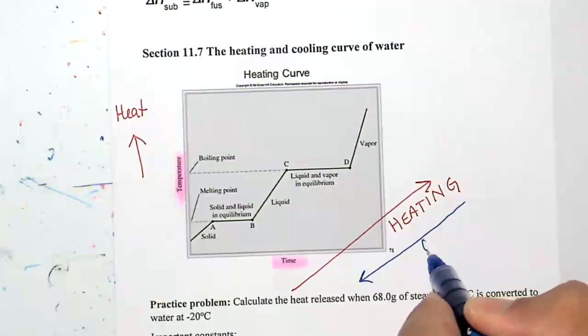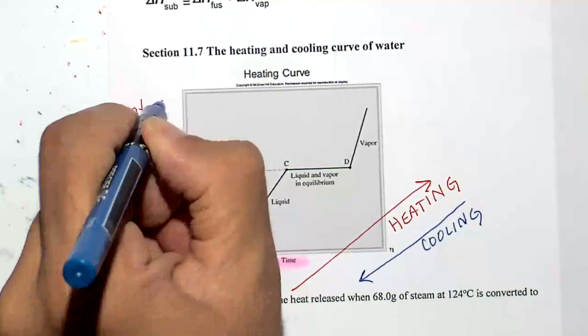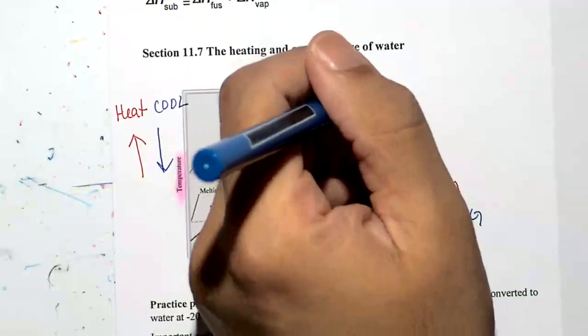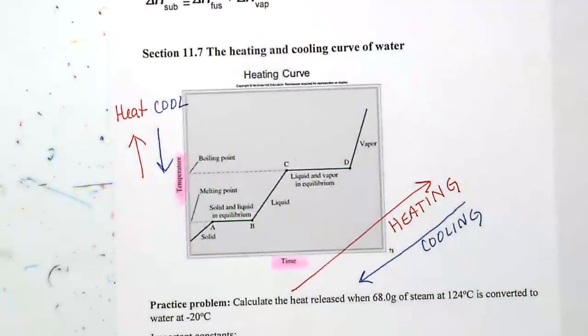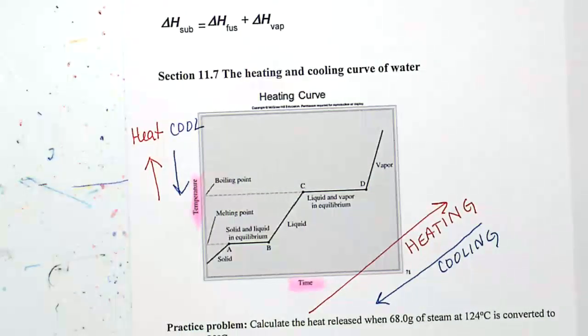Cooling. So we lower the temperature, and this becomes a cooling curve. Let's look at water, because water is a substance we deal with every day. If it's a heating curve, we're going up. If it's a cooling curve, we're lowering the temperature.